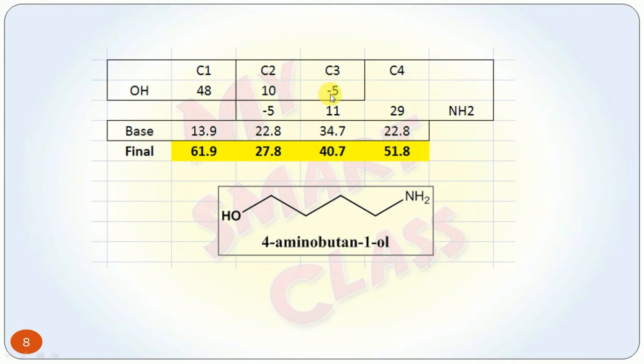So -5 is for gamma hydroxy terminal and 11 is for beta amino terminal. And this is the base value of butane. By summation of this and this, we get 61.9. By the summation of these three, these three, and these three, we get the values.